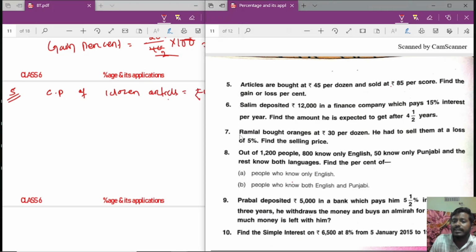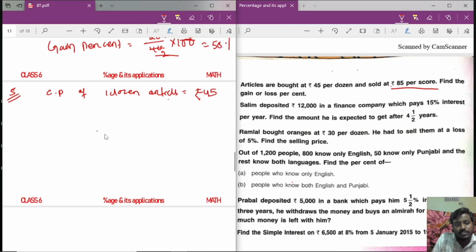Now sold at 85 per score. So CP and SP are different. That's why we find CP of 1 article. Because here CP is given for 12 and SP is given for 1 score, which means 20. So they are different. That's why we find CP for 1 article and SP for 1 article.